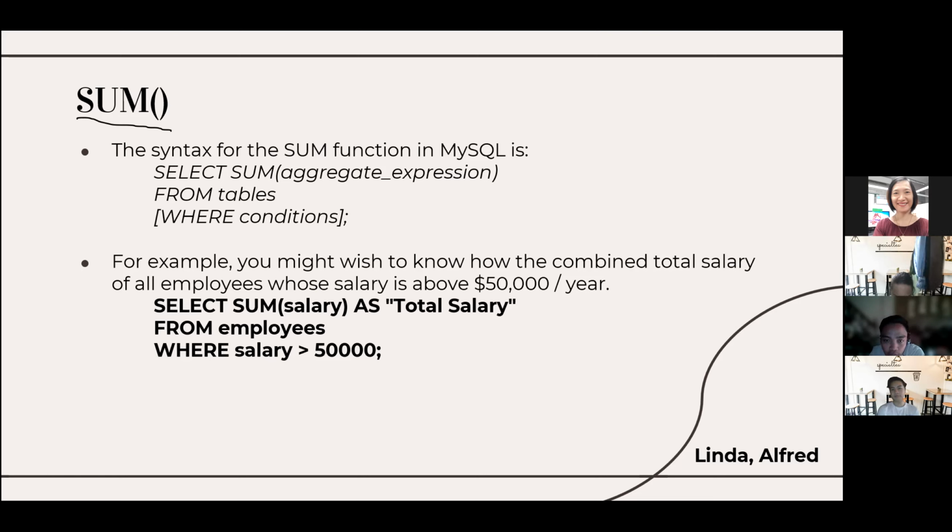So select sum in our example, salary, a column in a table, as total salary, which means if you do this in SQL, it'll provide a new column titled total salaries from table employees. We use the where condition here where the salary is less than 50,000. That will add everyone whose salary is less than 50,000. Next slide.